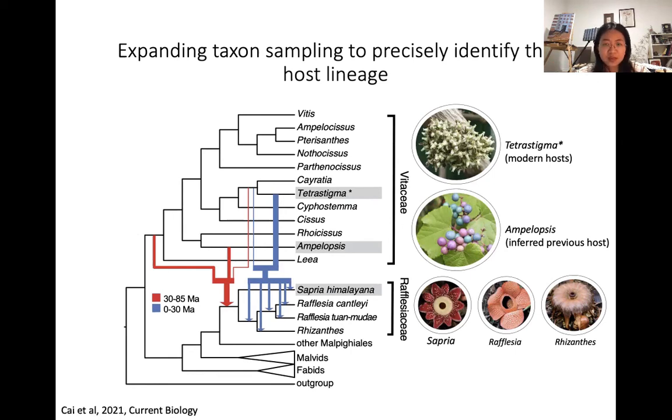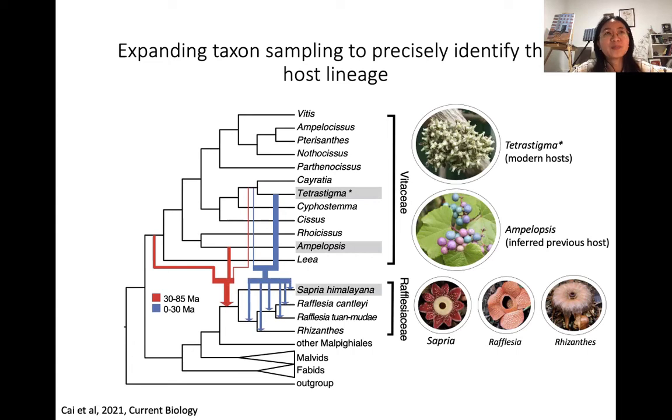Within them, we especially found that Ampelopsis, or a close relative of Ampelopsis, was frequently identified as a potential donor of these ancient gene transfers.